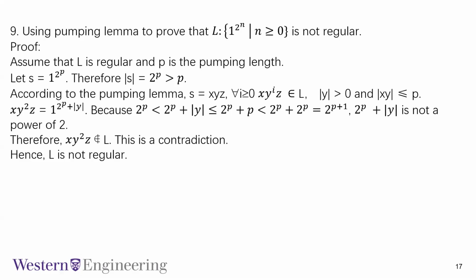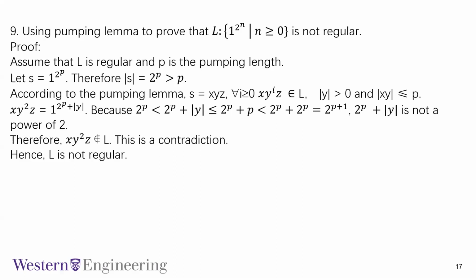According to the pumping lemma, S can be divided into X, Y, Z, and the three conditions need to be satisfied. And XY squared Z equals 1 to the 2 to the P plus |Y|.